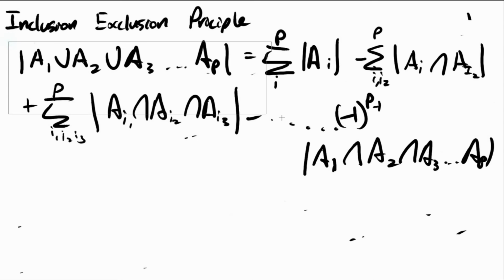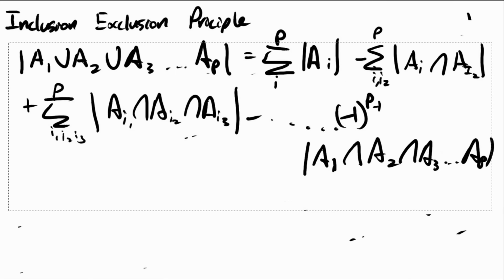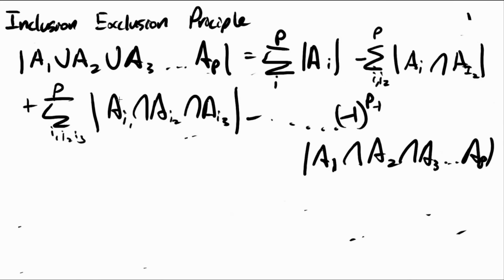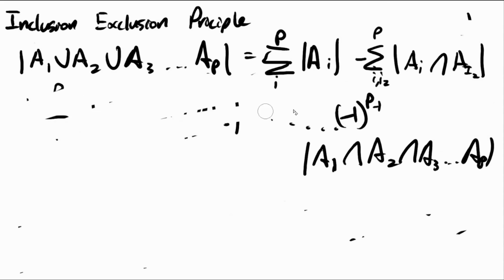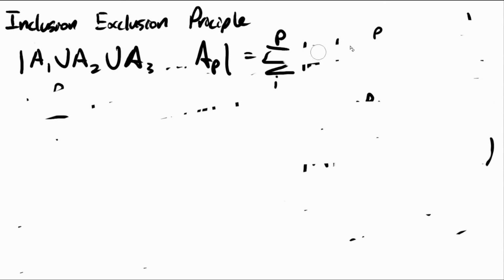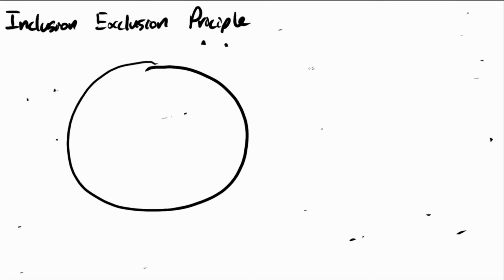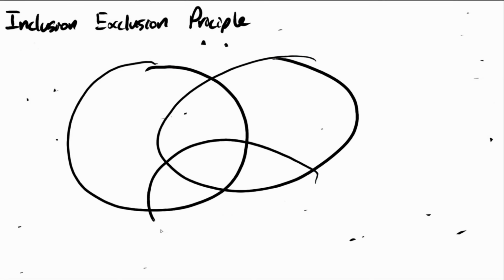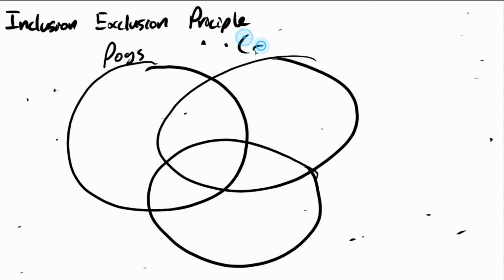And you can apply this to sets, but you can also apply this to common AMC 8 or AMC 10 problems, where they give you a Venn diagram. Let's say I'm just going to make this problem up. You have a Venn diagram, and you took a survey of the class on dogs, cats, and birds.